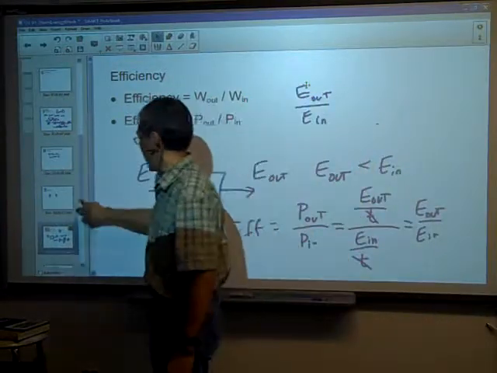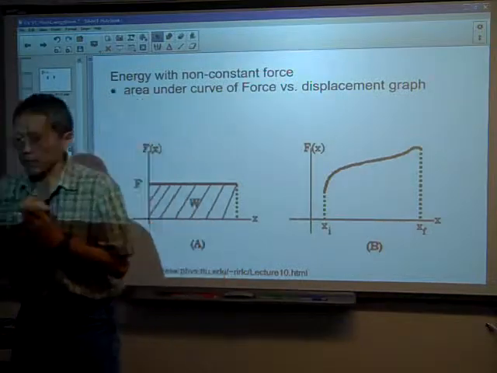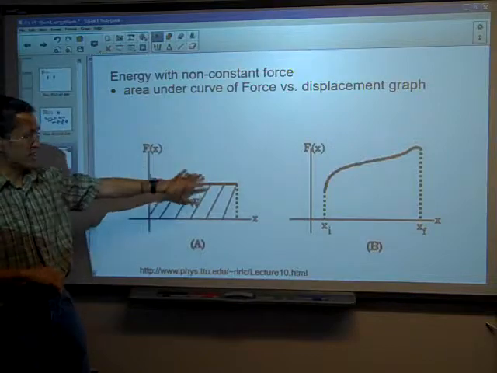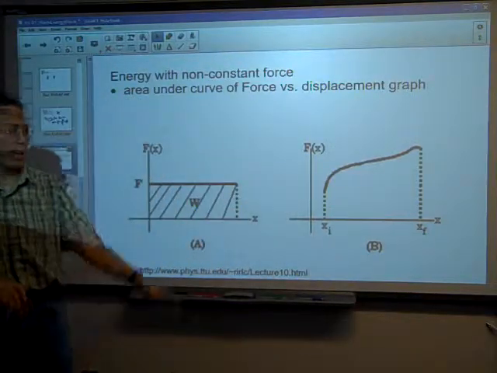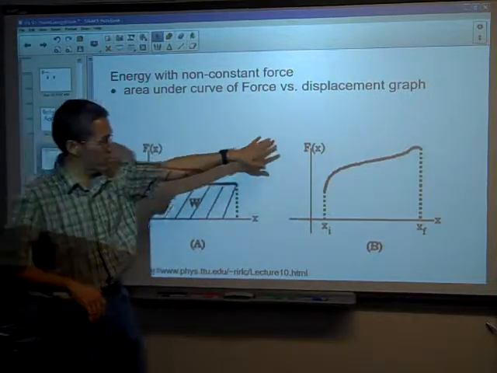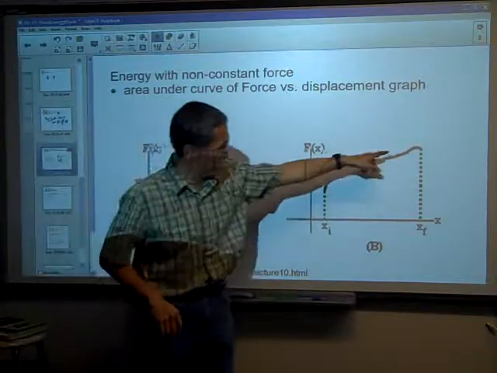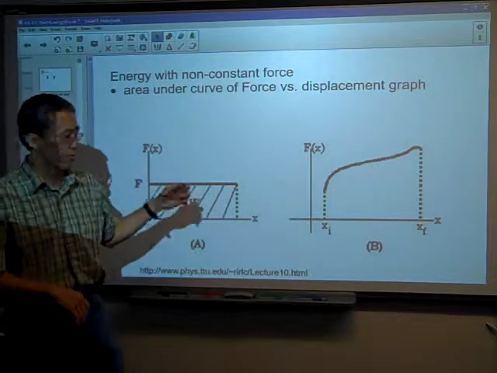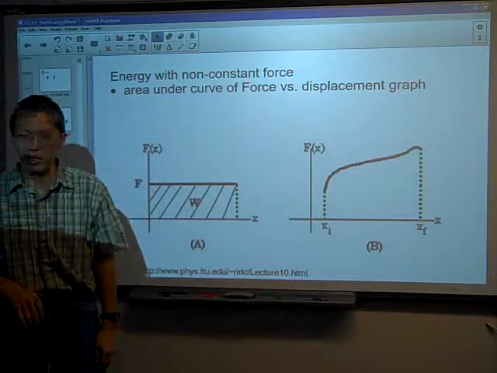All right, I think I have a couple more things. Those of you in calculus, this will hopefully make sense: area under a curve. If I have a force versus displacement graph, then the area under the curve is my work. That's my energy. So a force-displacement graph will give you energy.